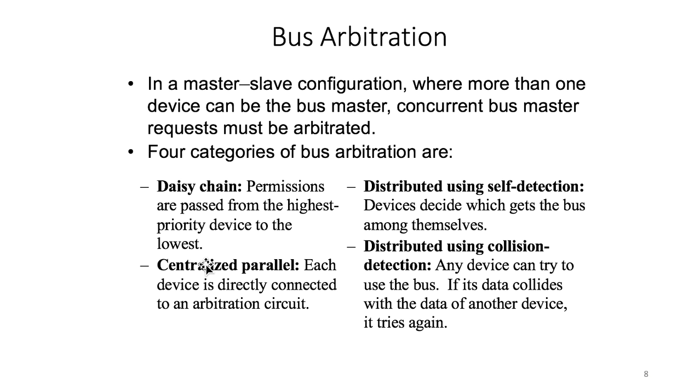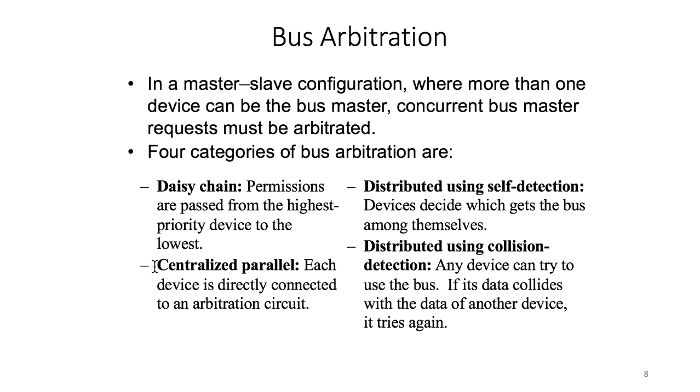There are four categories of bus arbitration. Basically, the first type is daisy chain. The permission is passed from the highest priority device to the lowest priority device. The second category of arbitration is the centralized parallel.